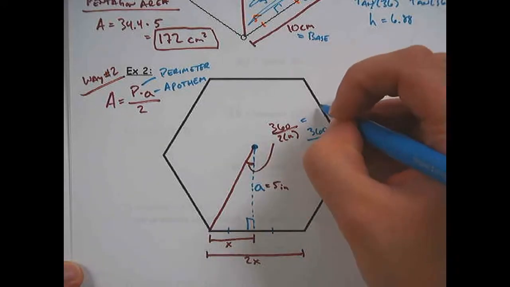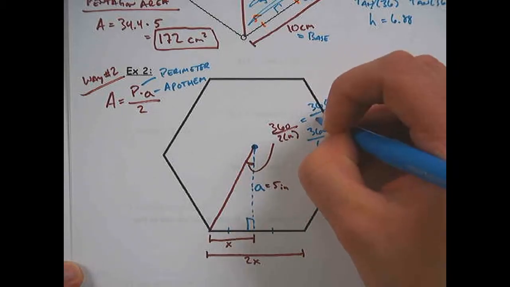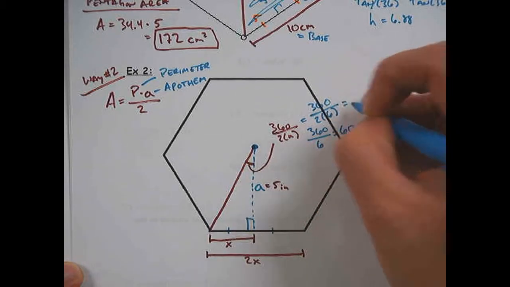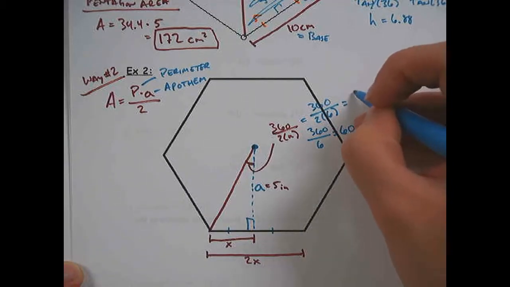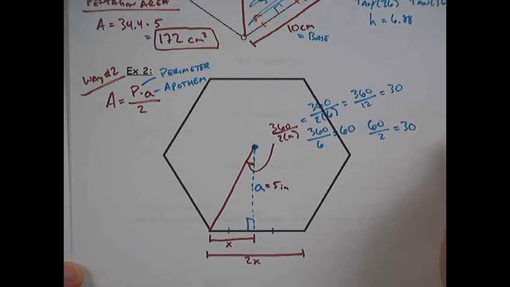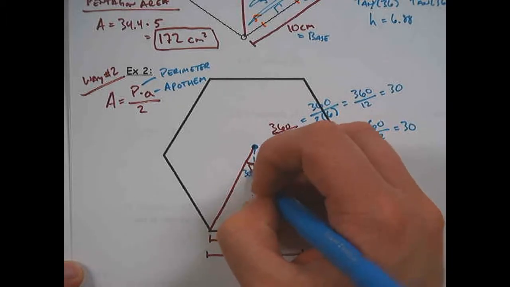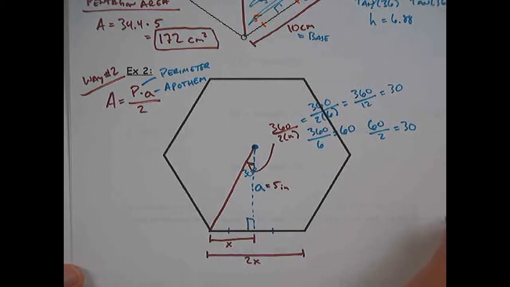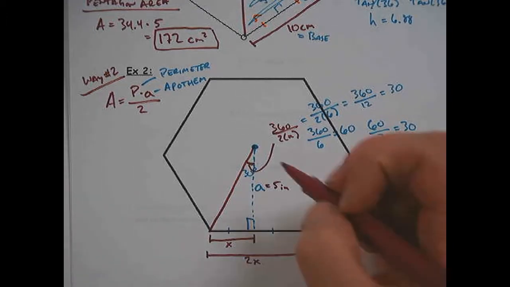Or you can do the combined version where you do 360 divided by 2 times 6 because we have 6 sides, which is the same as 360 divided by 12, which is 30. Either way, you get that the angle is 30. So this is 30 degrees. Now, I'm going to use my trigonometric functions, sine, cosine, and tangent.